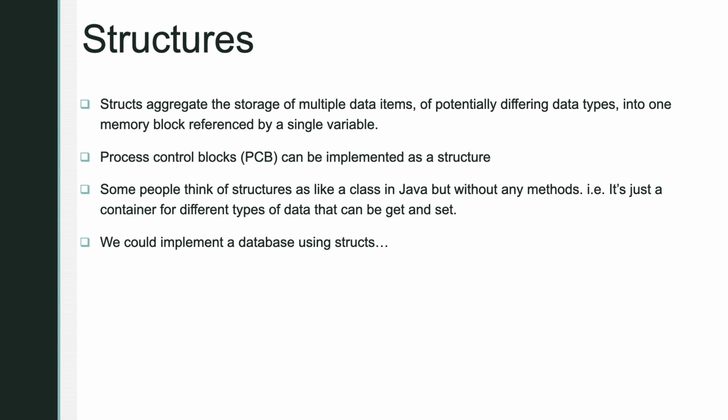We could also implement a database or linked list or a tree. It's just a way to store multiple different types of data inside of one object. So it's like a bin you throw everything into, and you can get it out or you can put it back in. You can change it.